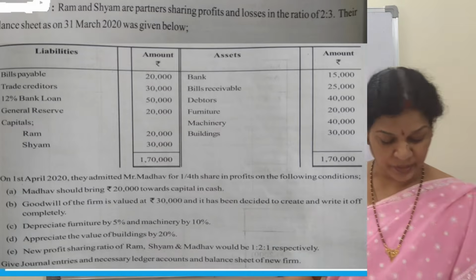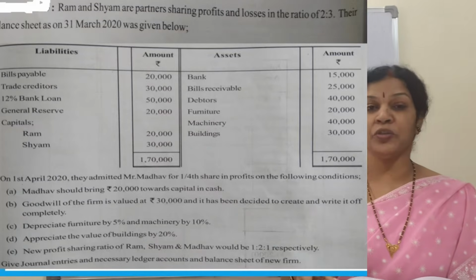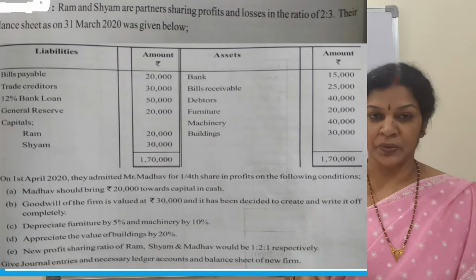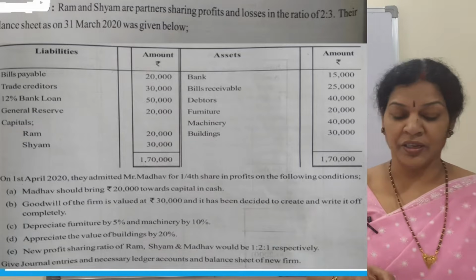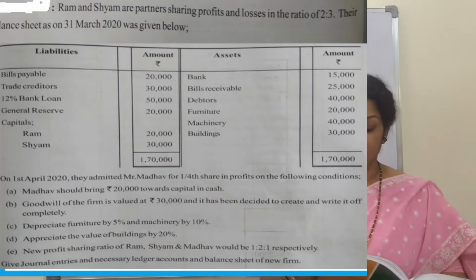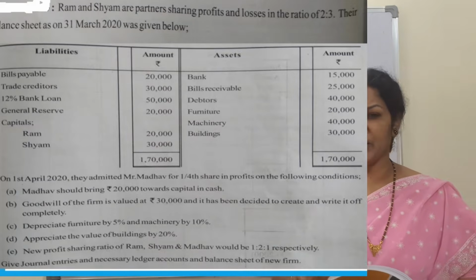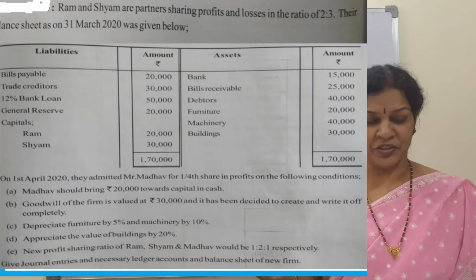In this problem, Ram and Shyam are partners sharing profits and losses in the ratio of 2:3. Their balance sheet as on 31st March 2020 is given below. On the asset side: bank, bills receivable, debtors, furniture, machinery, building, everything is clear; we'll take them as they are into the balance sheet.